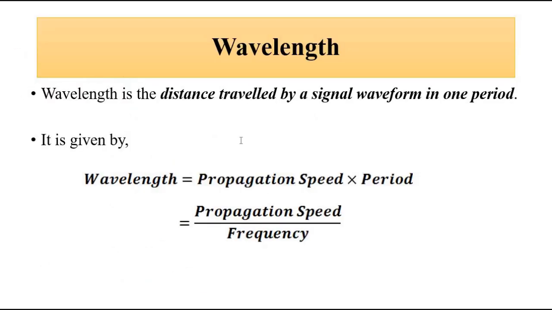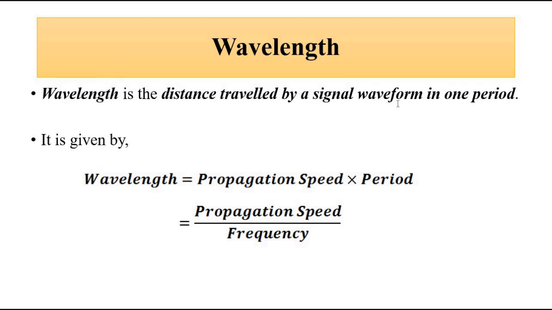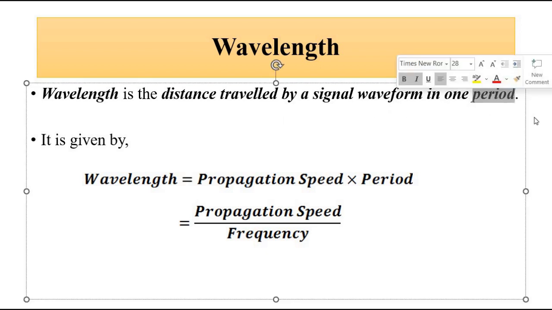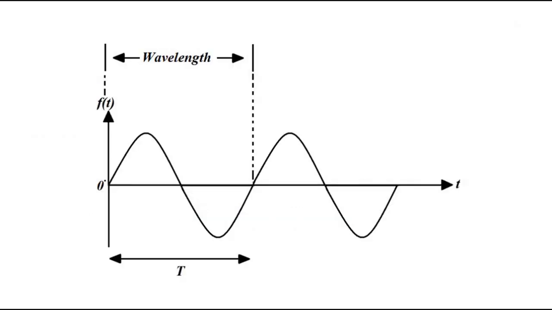Then comes wavelength. So wavelength basically is the distance traveled by the signal waveform in one time period. Okay, in one period or one time period. That is the wavelength of the signal. So basically here, let's say this is the time period, which is the time taken by the signal waveform to complete one cycle, that is from 0 to again 0.